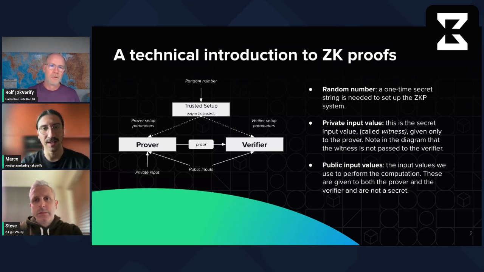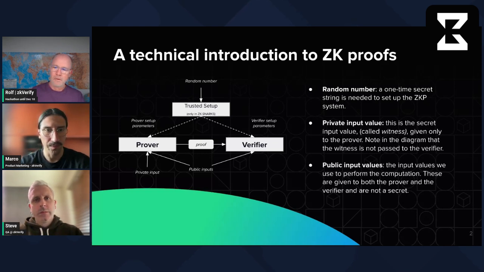And this process has to be conducted in a very careful way, because doing it wrong means breaking the cryptography. So it's a kind of a trust assumption, and this applies only in ZK snarks. And where this applies, we have some parameters that are distributed to the prover and the verifier.